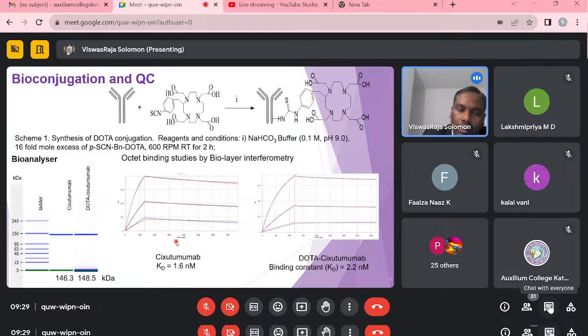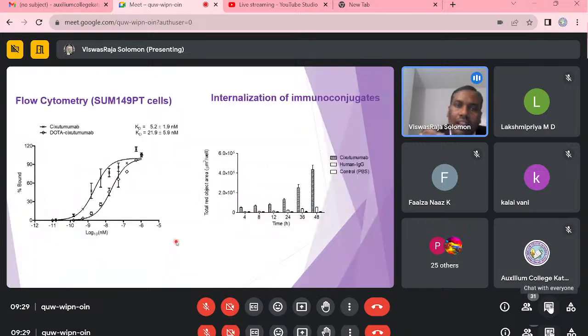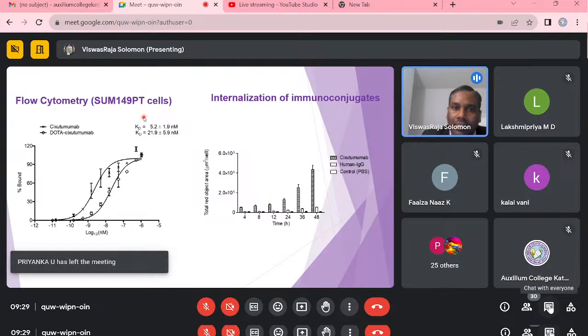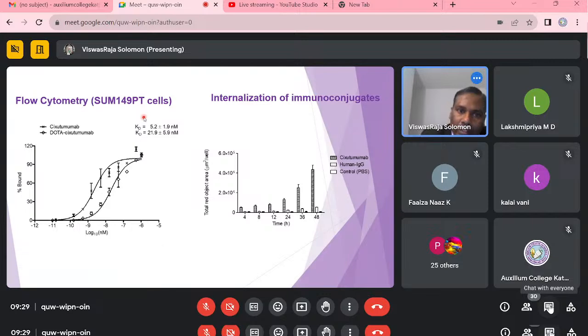We decided to do further QC tests on a real in vitro cell model. For this we selected the SW1990 cancer cell line. This cell expresses the IGF-1 receptor. As I said, we selected the antibody for anti-IGF-1R, so we want to select the cells based on our target.